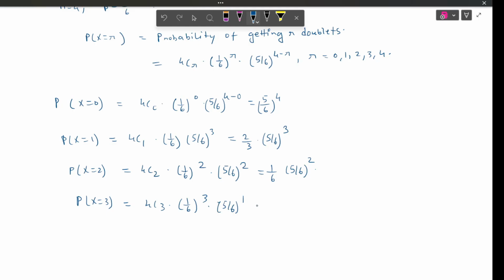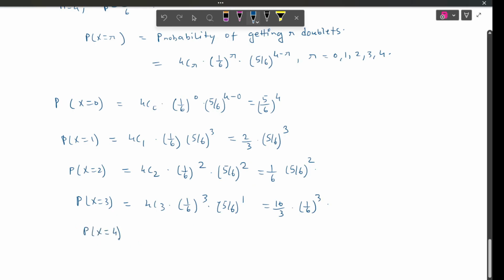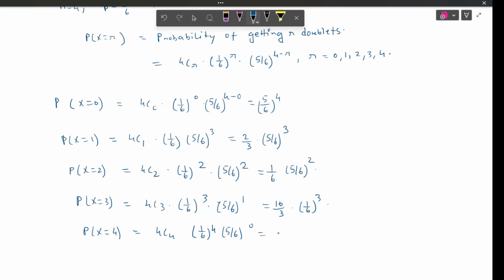Okay, you will get it as 10 by 3, 1 by 6 to the power 3. Similarly, P of x equals 4, that is 4C4, 1 by 6 to the power 4, and 5 by 6 to the power 4 minus 4, that is 0. It is 1 by 6 to the power 4.